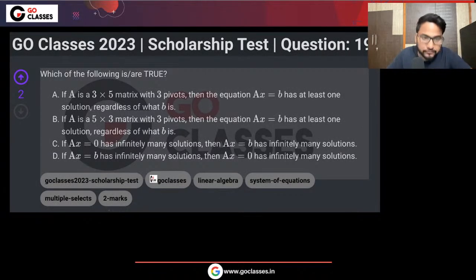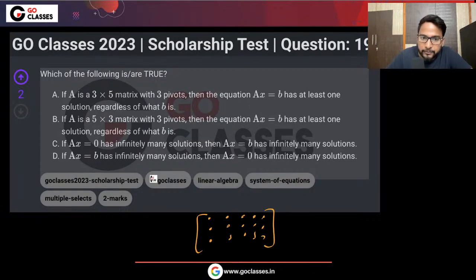They are saying if A is a 3 cross 5 matrix with 3 pivots, then the equation Ax equal to B has at least one solution regardless of what B is. So we have 3 rows and 5 columns.